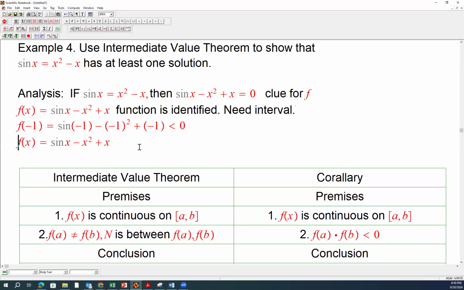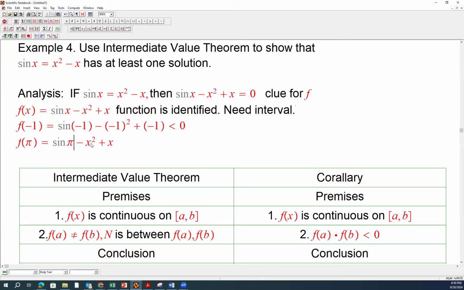And then what do we do? We're going to try to get a positive number. So how do I get a positive number? I'm thinking of trying pi, okay?